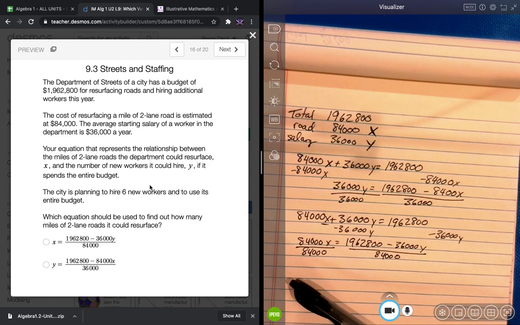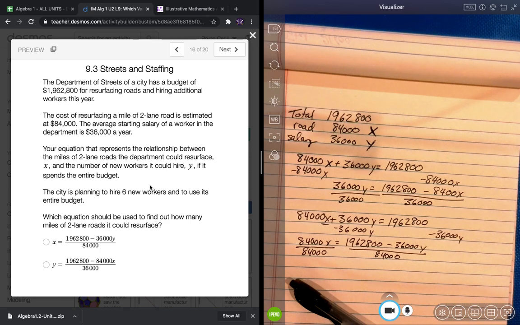The city is planning to hire 6 new workers and to use its entire budget. Which equation should be used to find out how many miles it could resurface? Okay, guys, remember that we're trying to figure out the amount of roads.